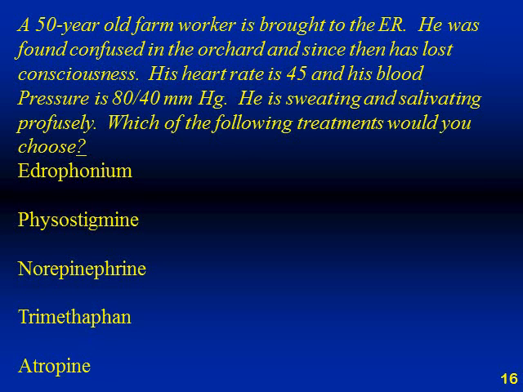And his blood pressure is 80 over 40 millimeters of mercury. Is that considered high or low? That's considered low. So he's got a low heart rate. He's got low blood pressure. He's sweating and he's salivating profusely. Okay, that sounds like maybe muscarinic excess. And the heart rate being down, the heart's beating slower than usual. Okay, that sounds like muscarinic excess.